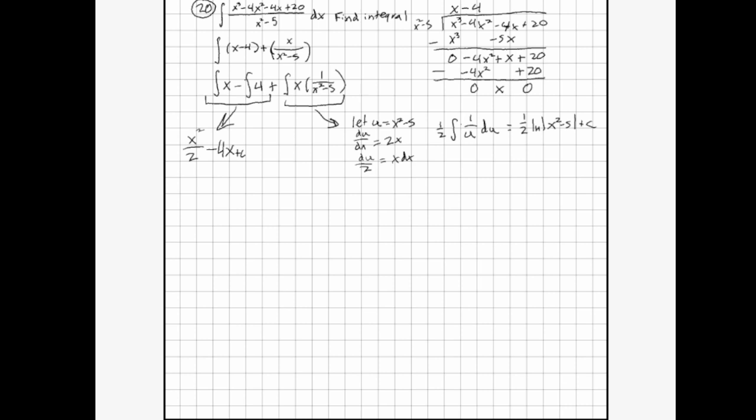Okay, now I come down here and I write out my current function. So now I've got x squared over 2 minus 4x plus 1/2 ln of x squared minus 5 plus c.